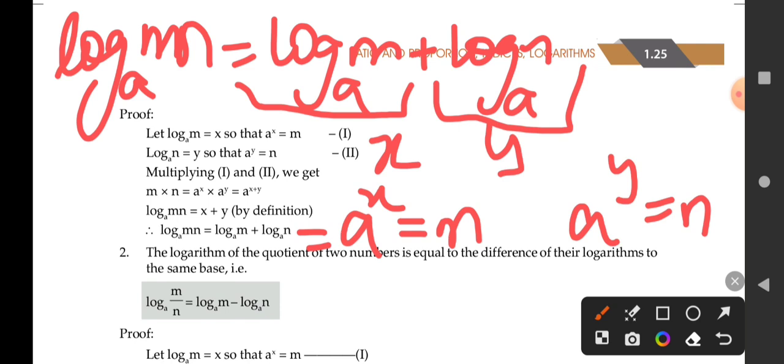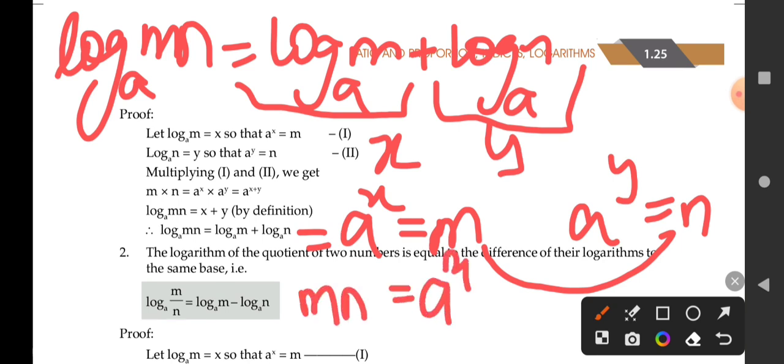Now we are going to multiply these two. So we get m into n is equal to a power x into a power y, right? So this is equal to, when in the indices chapter we have seen if bases are same, powers get added. So a power x plus y, correct?